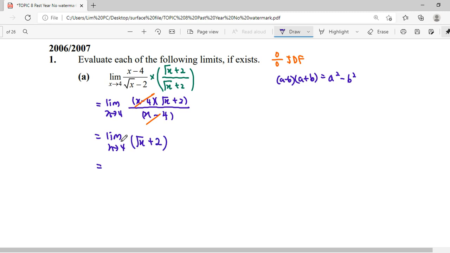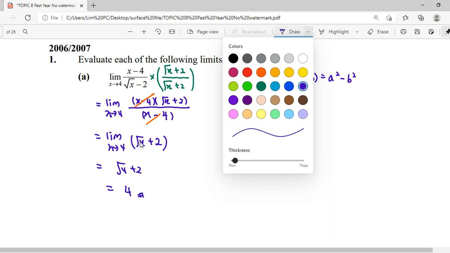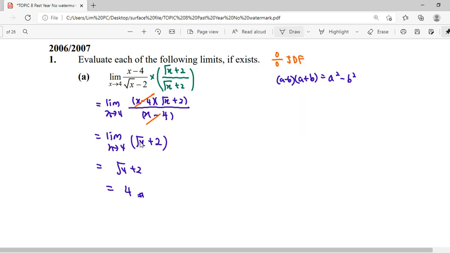So we try to substitute our value of 4. It will be surd 4 plus 2, which gives us the value of 4. So the concept we need here, when we have IDF 0 over 0 with a surd, is to use the conjugate, then simplify.